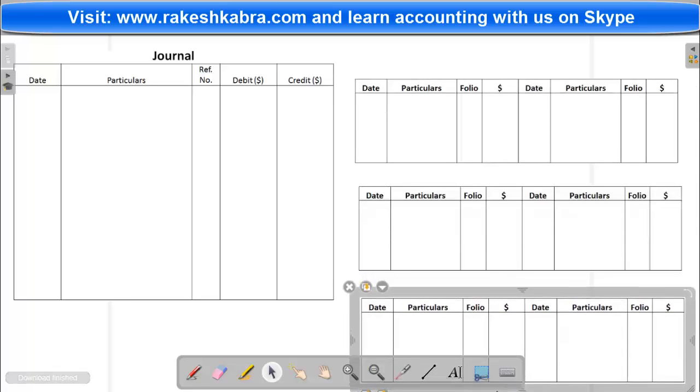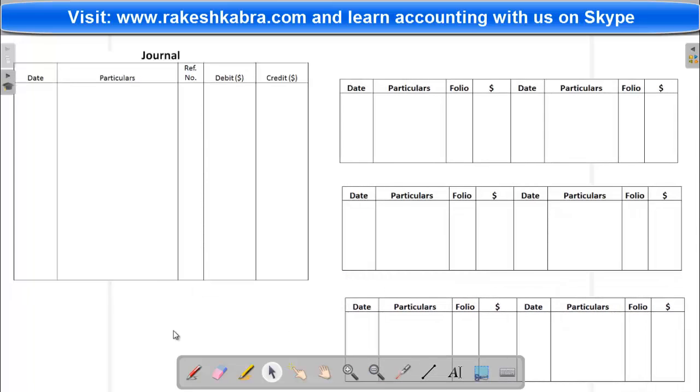I opened 3 accounts. Now I am going to take you through a few complicated transactions and revise how to make postings in the ledger. Is that clear?